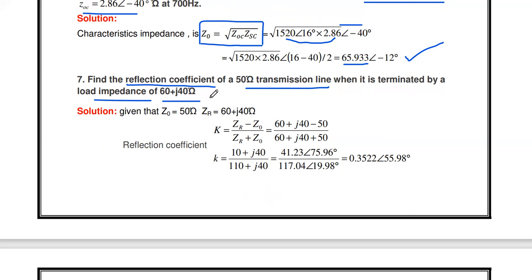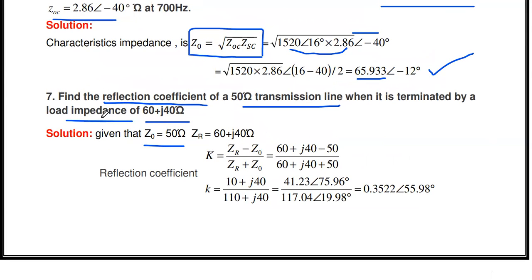One is Z0: a 50 ohm transmission line means the characteristic impedance is 50 ohms, so Z0 equals 50 ohms. Then ZR, the load impedance, which means ZR or ZL, so ZR is equal to 60 plus J40 ohms.